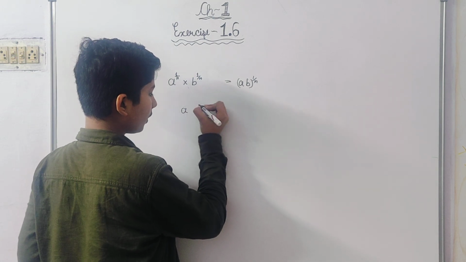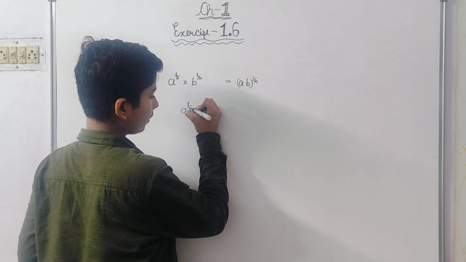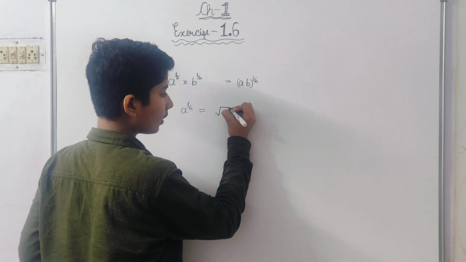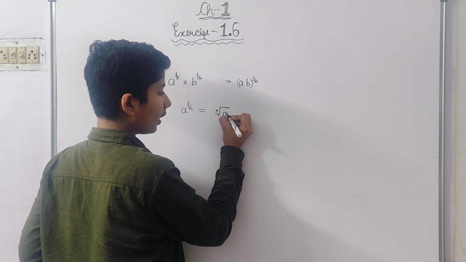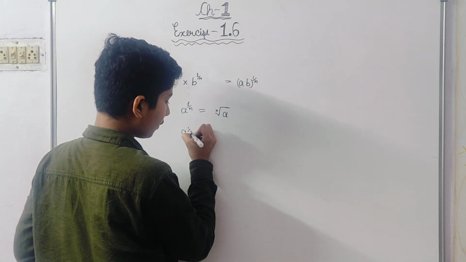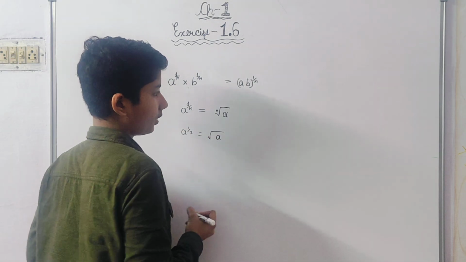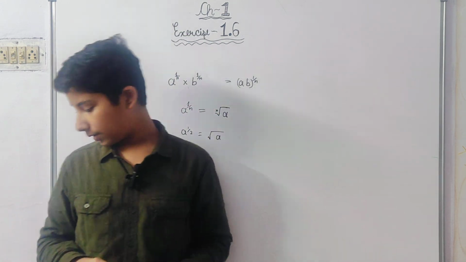If a to the power 1 by n, it would be the nth root of a. For example, a to the power 1 by 2 would be the square root of a. So these two properties are getting applied over here.